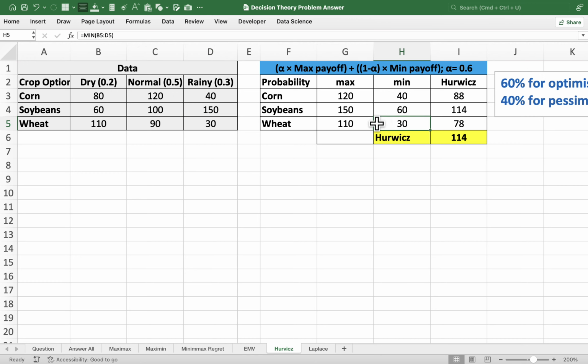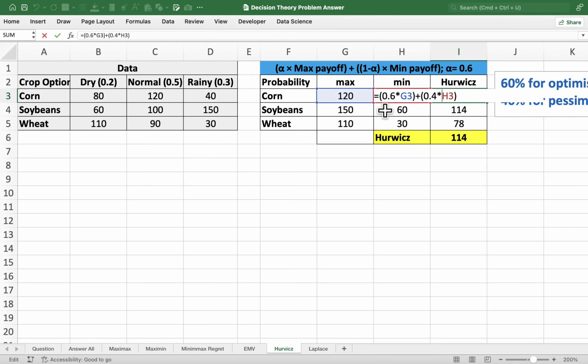Then in the next step, we multiply this maximum value by 60% or 0.6 and minimum value by 0.4 and then add them up. So using this formula, maximum payoff, for example, in this case, it's 120 multiplied by 0.6 plus 40 multiplied by 0.4, and the answer will be 88.